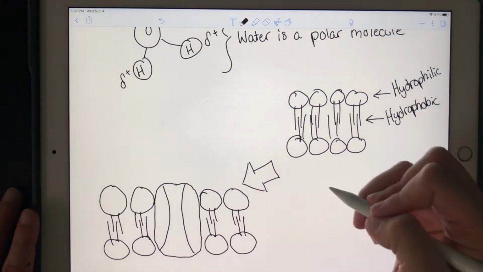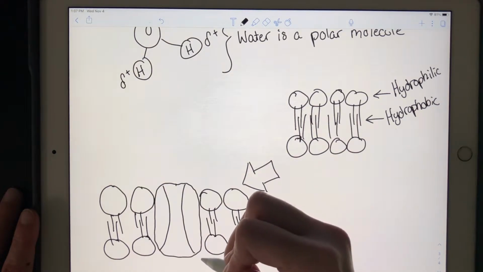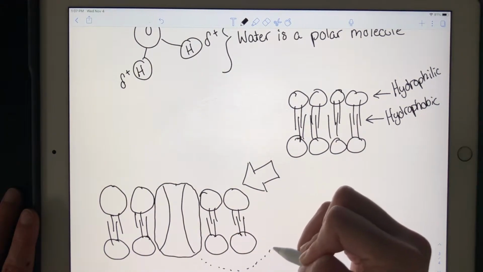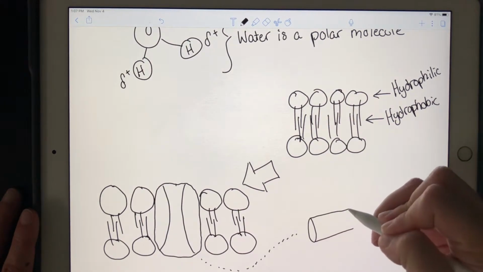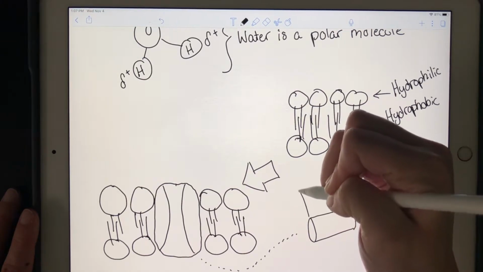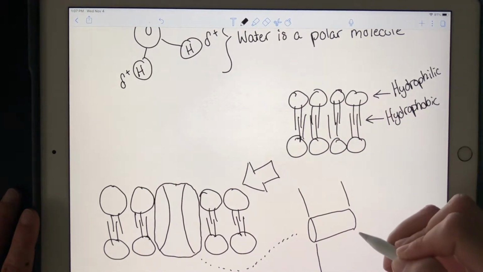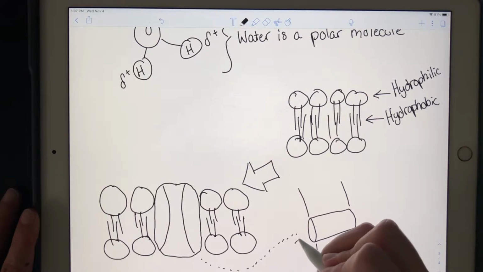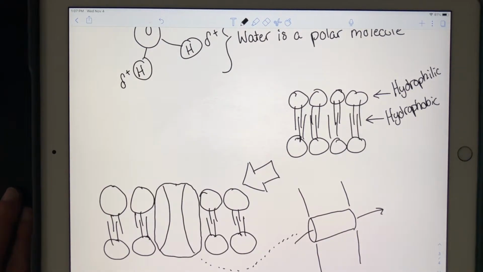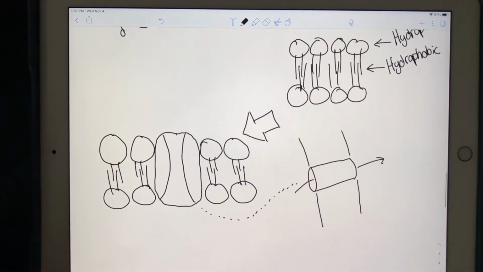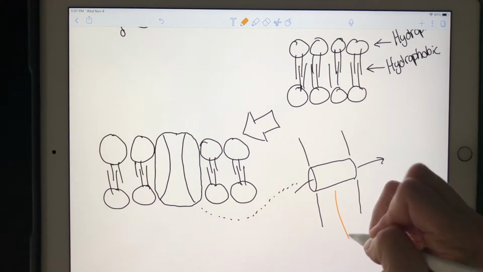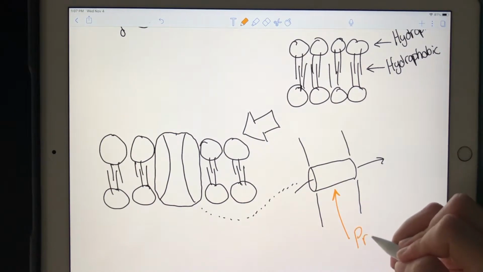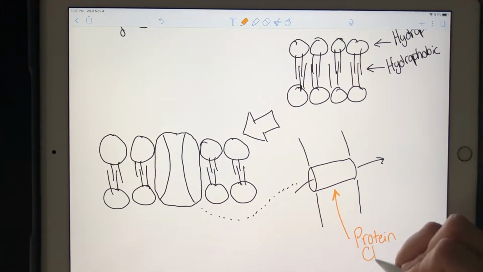And I am no good at making three-dimensional drawings, but essentially, what this is a cylinder that goes through the membrane. So if here's our membrane, we have a little cylinder like that. These are protein channels.